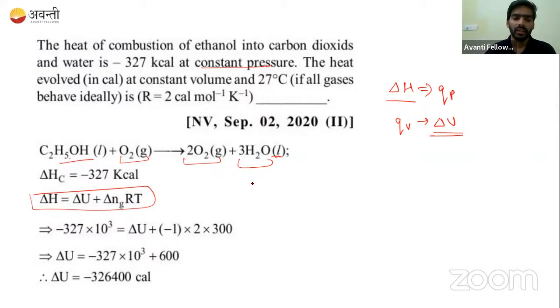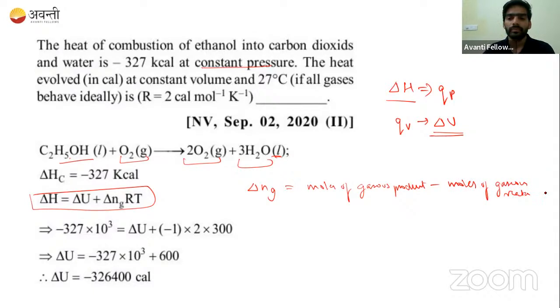What is delta Ng? Delta Ng is nothing but moles of gaseous product minus moles of gaseous reactant. Here we have 2 moles of gas on the product side and 1 mole of gas on the reactant side, so it becomes 2 minus 1.